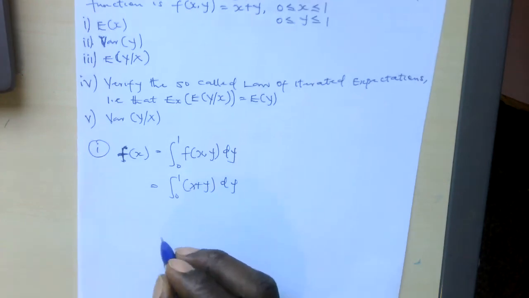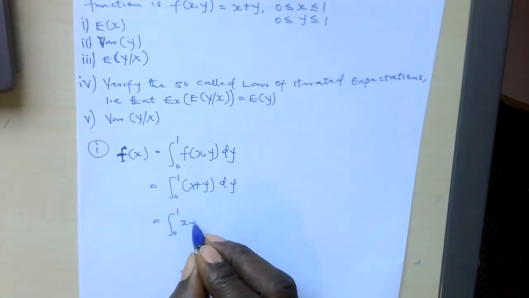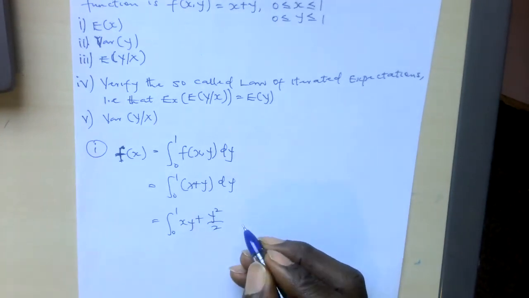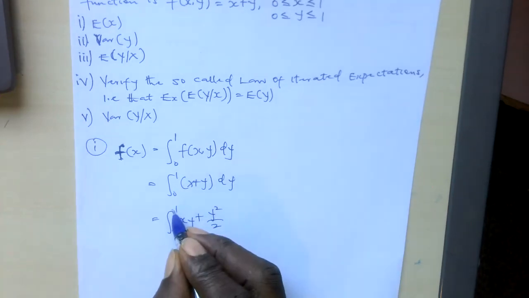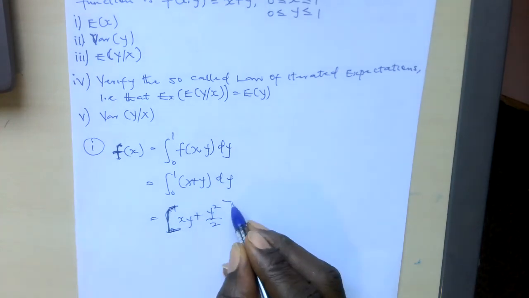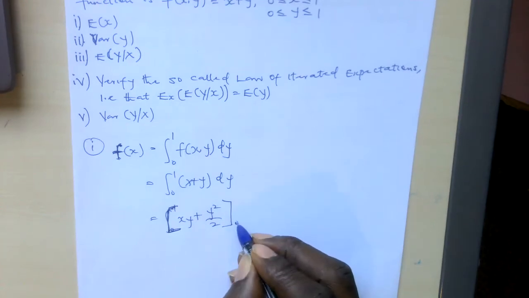So the integral gives us xy plus y squared over 2, evaluated from 0 to 1.